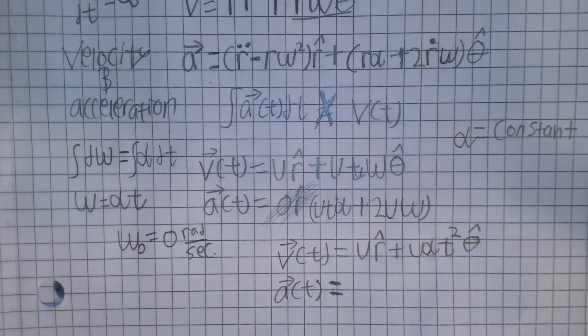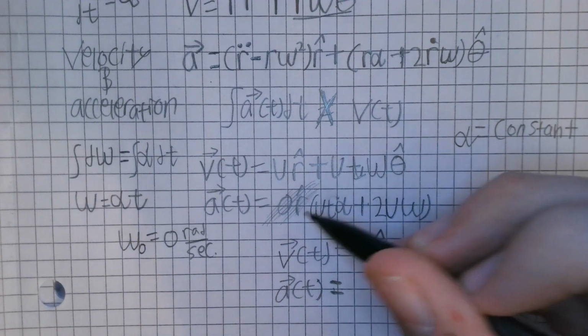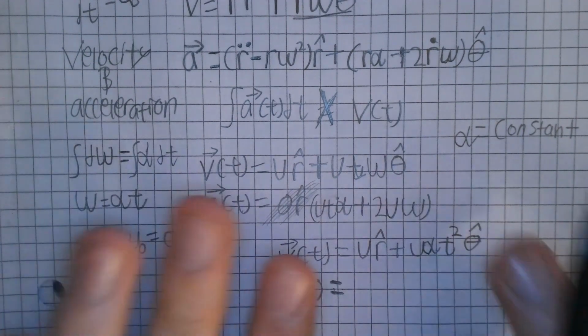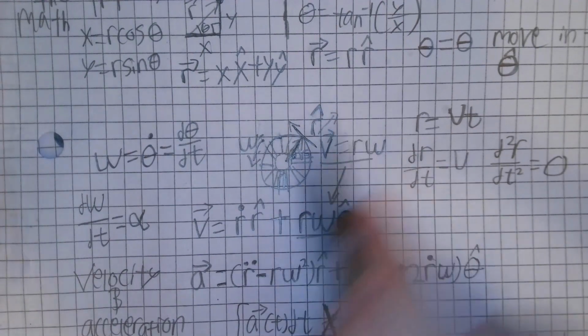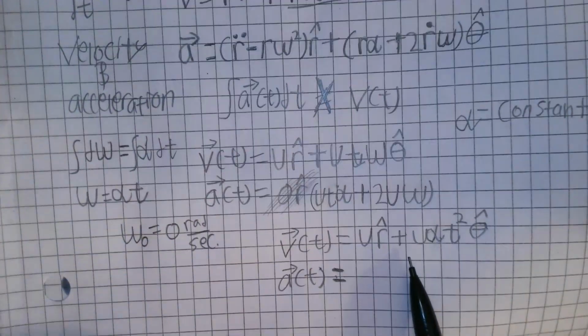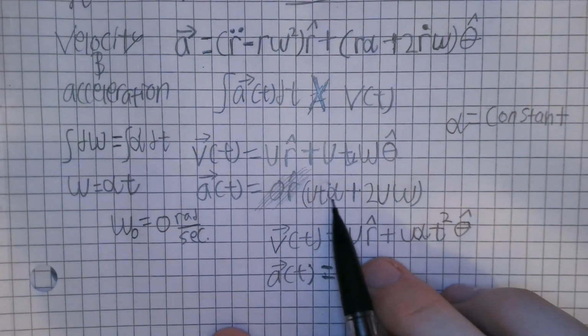Okay, so now we can go ahead and say this is still going to be 0 in the r hat, right? The bead is not accelerating any further on the spoke of the wheel. Remember, it's not going to accelerate this way in the r hat direction. Okay. So now if we want to write the acceleration as a function of time, well, we have alpha popping up here.